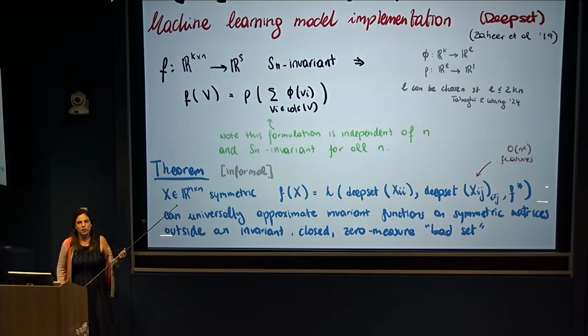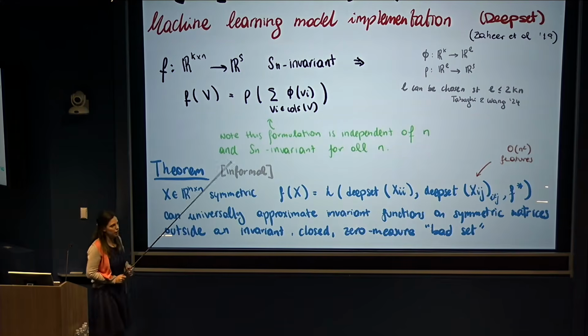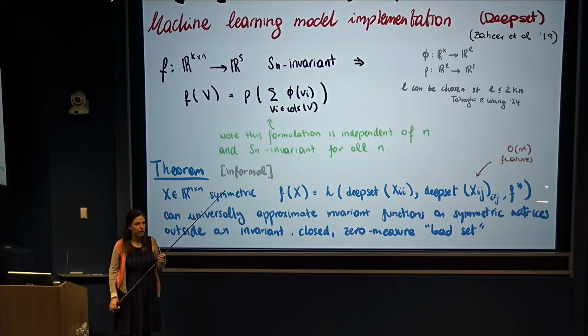So in order to turn this object into a machine learning model, I'm going to use an architecture called deep sets. That is a permutation invariant architecture.